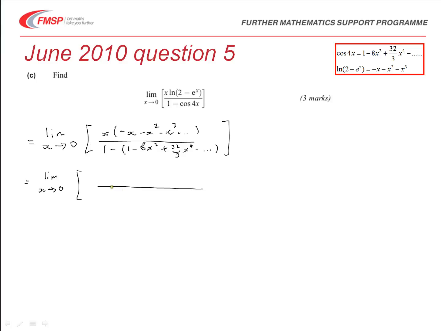Well, on top we're then going to get minus x squared, minus x cubed, minus x to the 4. And on the bottom, the 1's cancel and we end up with 8x squared, because it's subtracting that, minus the 32 over 3.